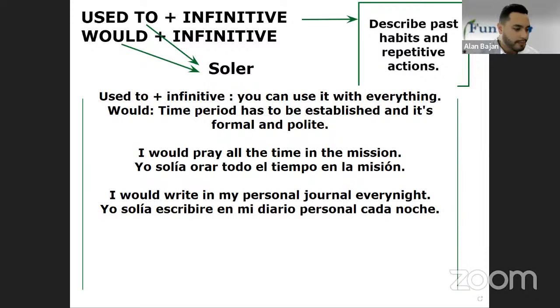Okay, well, it's together, and basically, if you want to say each night, como cada noche, you will not use every. You will use each night.